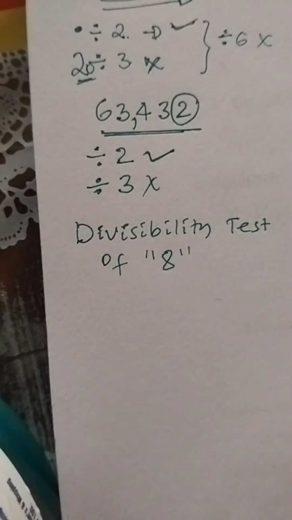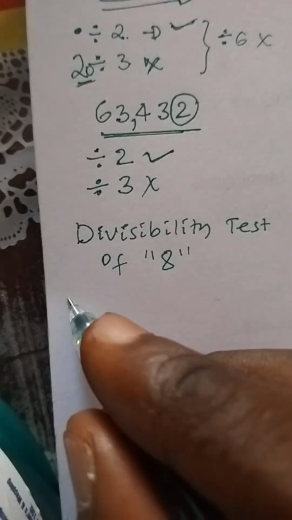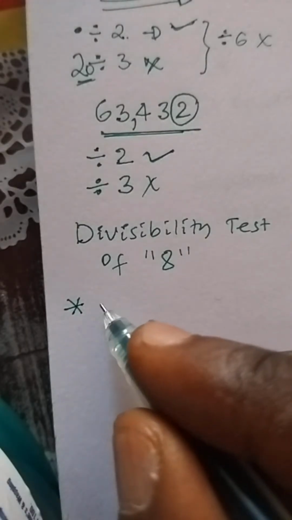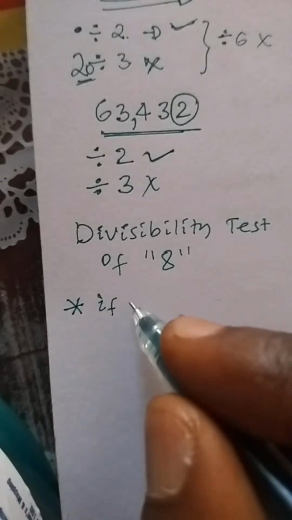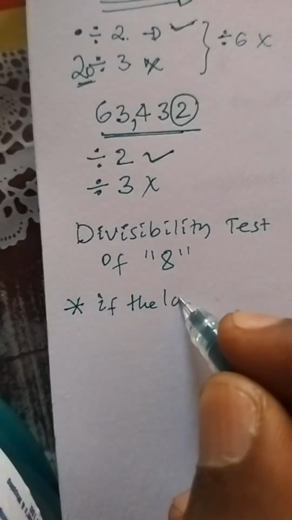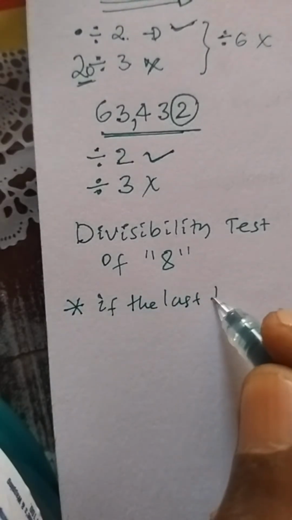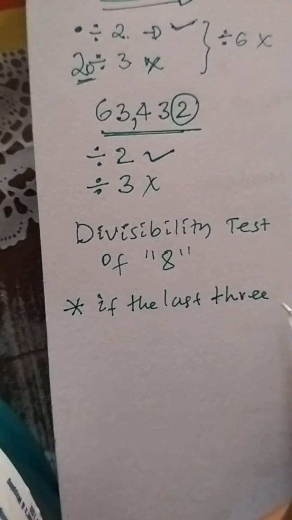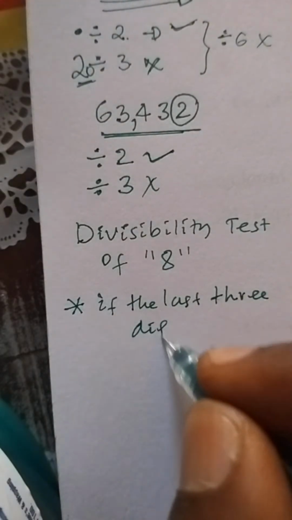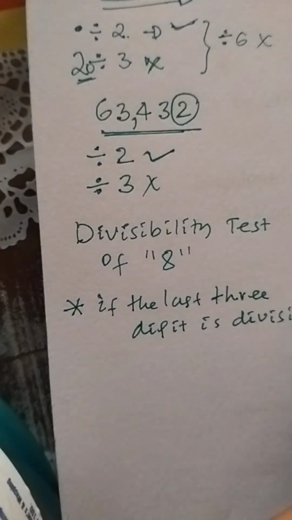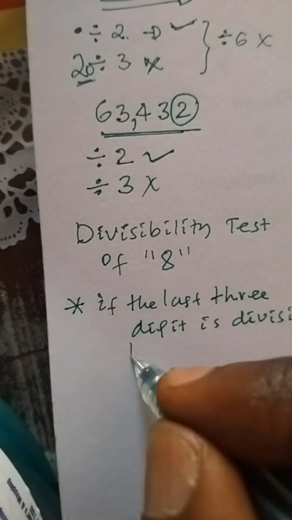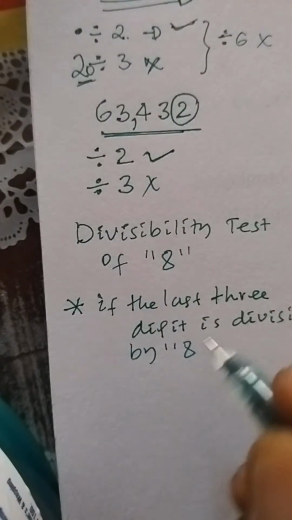To check whether a number is divisible by 8, we check whether the last 3 digits are divisible by 8.